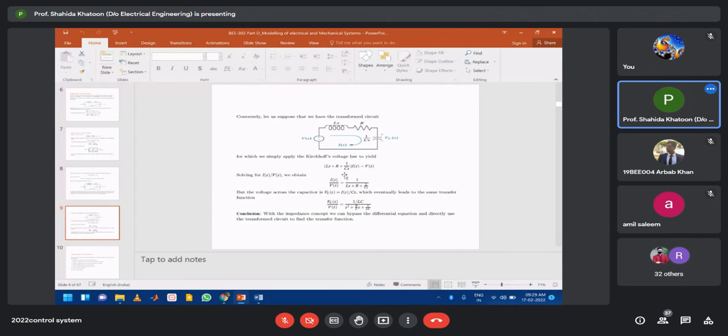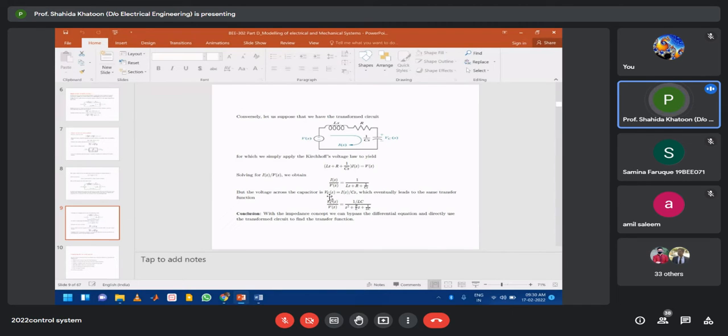So (Ls plus R plus 1/Cs) I(s) equal to Vs, and solving for I(s) upon Vs, if we want to show I(s) as a ratio of Vs, it becomes like this, right? The transfer function written as I(s) upon Vs becomes 1 upon (Ls plus R plus 1/Cs).